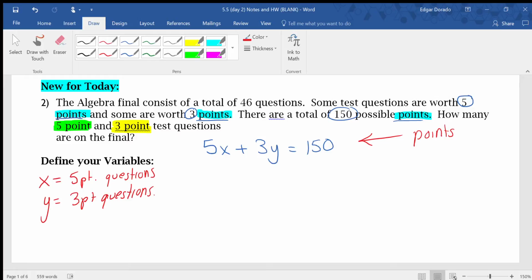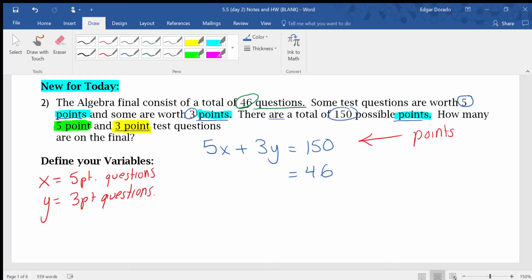Okay. Now, the only other number here is 46. And that 46 is followed by the word questions. So now what we have to do is, if there's a total of 46 questions, then what makes up the rest of that equation?